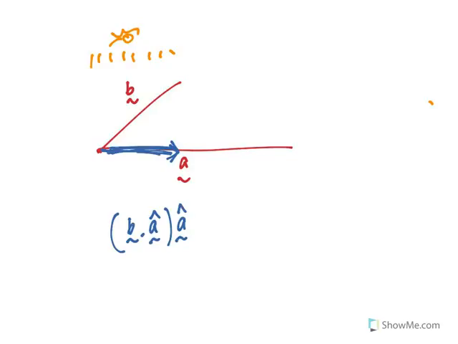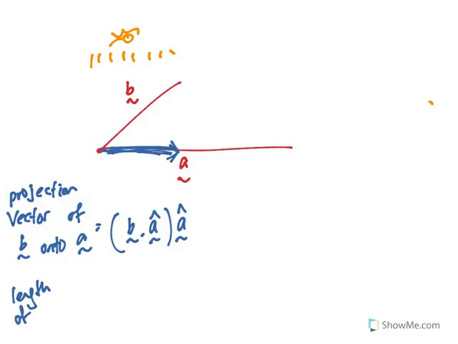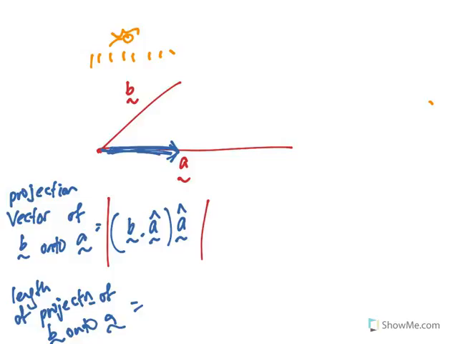This is the vector, the projection vector of B onto A. Is it possible to find the length of this vector? Yeah, can. So basically, the length of projection of B onto A is nothing but just like that. That's all, because we're finding the length of this.